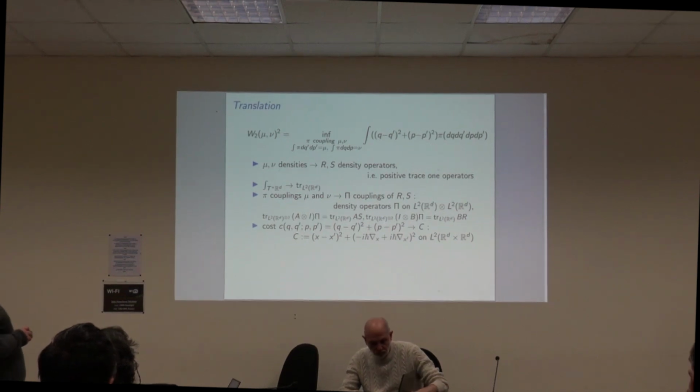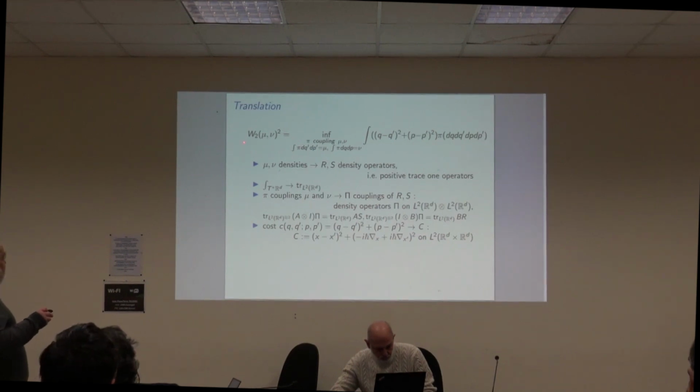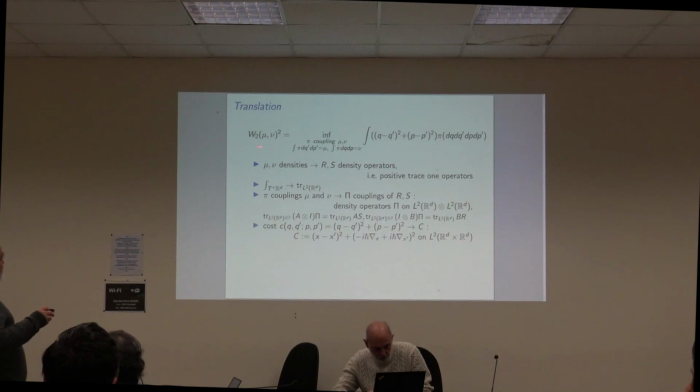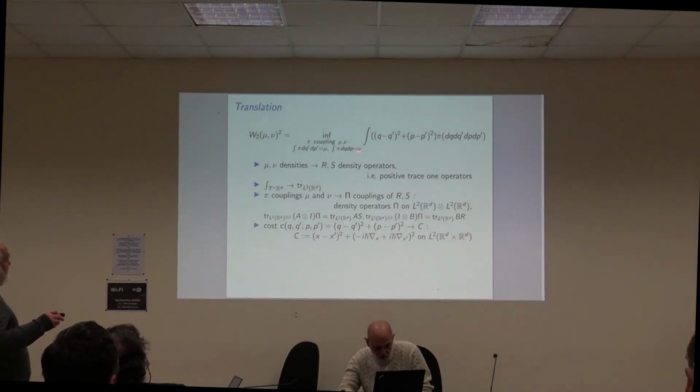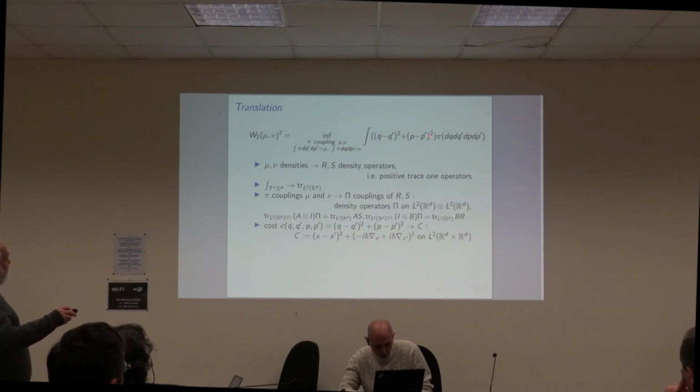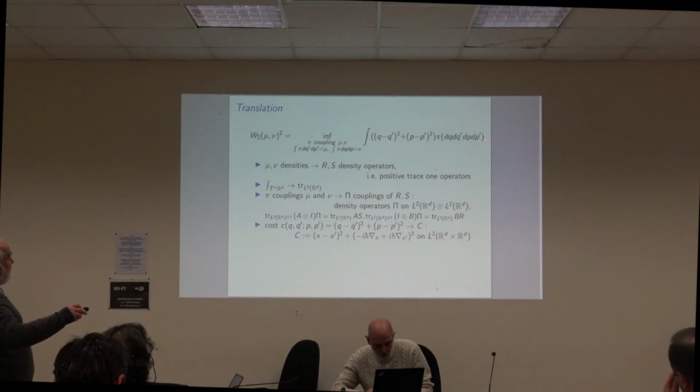Through this dictionary. So, I remind you that the Wasserstein distance between two probability measures, mu and nu, is given by this square, which is the infimum of a certain integral. This integral involves a cost function, which in this case is q minus q prime, p minus p prime, multiplied by pi, which is a measure on the double space.